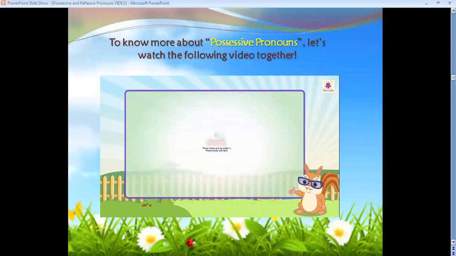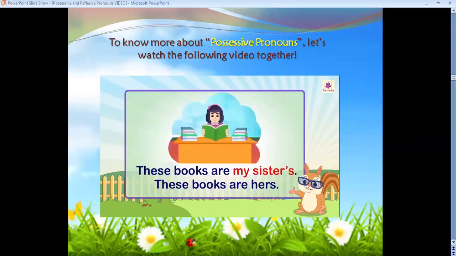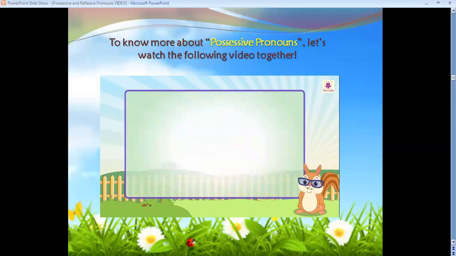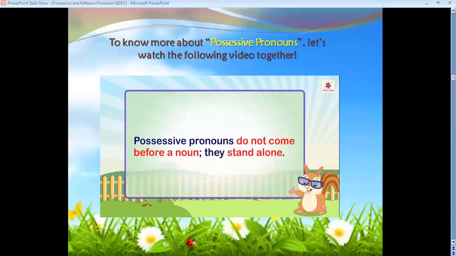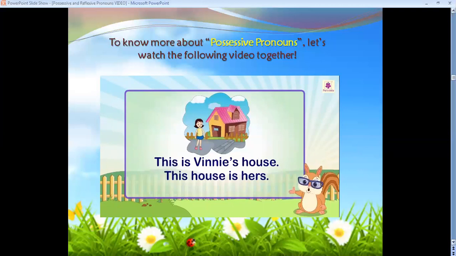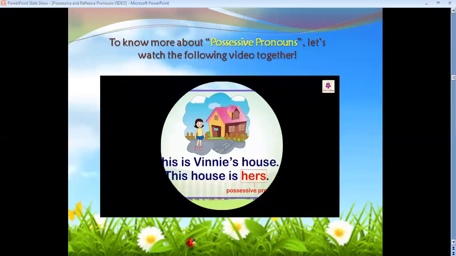For example, these books are my sister's. These books are hers. Instead of the possessive noun. Possessive pronouns do not come before a noun. They stand alone. That's the For difference example, between them. this is Vinnie's house. This house is hers. Alone. I didn't use any noun.